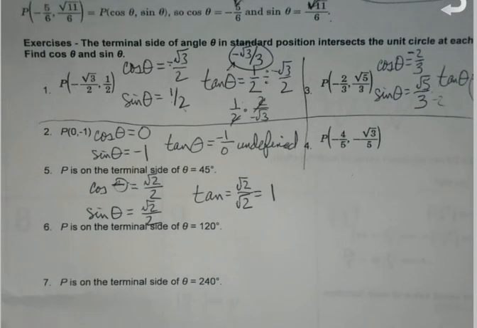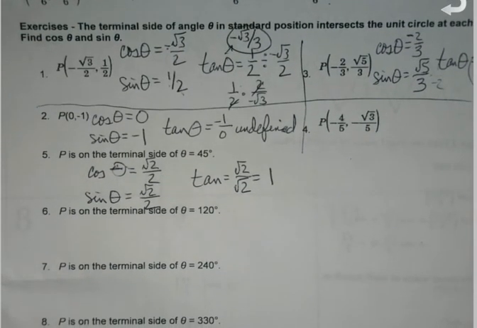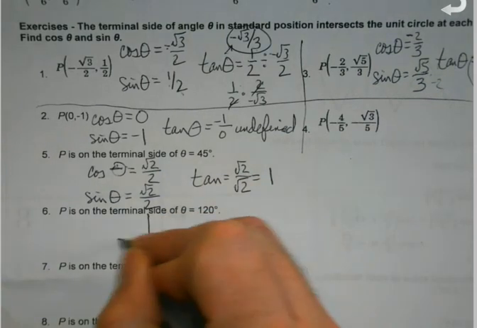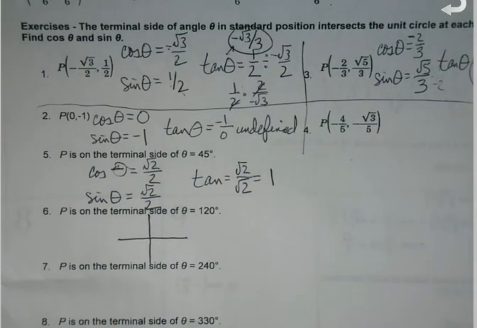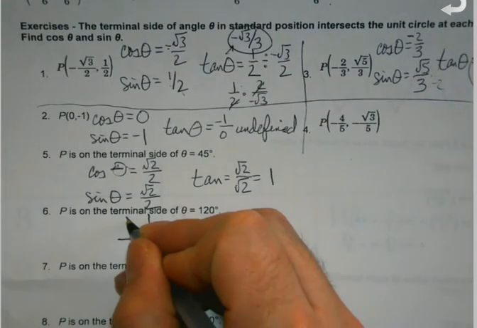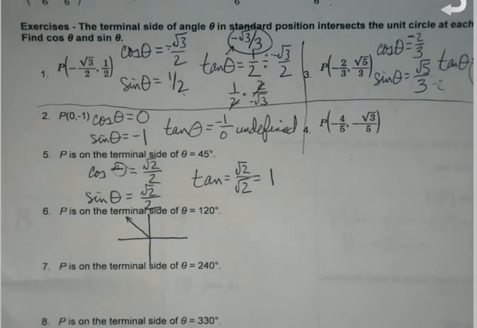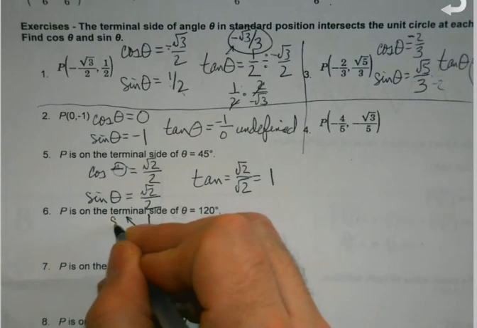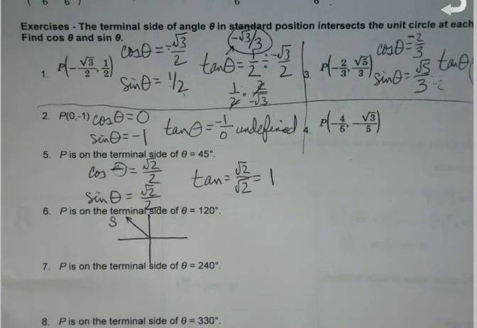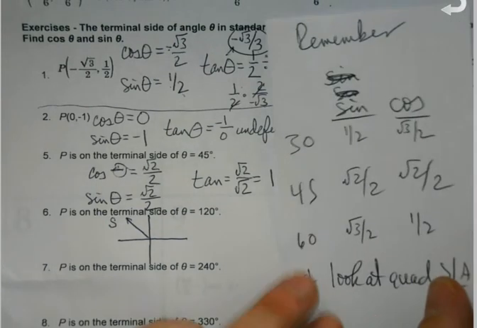Now, I do on these next couple want to get you thinking about the positives and negatives a little bit more. So I'm going to sketch a picture here. I don't have to break out my protractor and be perfect with this. But I realize 120, when I think about its terminal side, is going to get me into quadrant 2, where only sine is going to be positive. So again, like we'd mentioned yesterday, when I'm at 120, pull this back up.